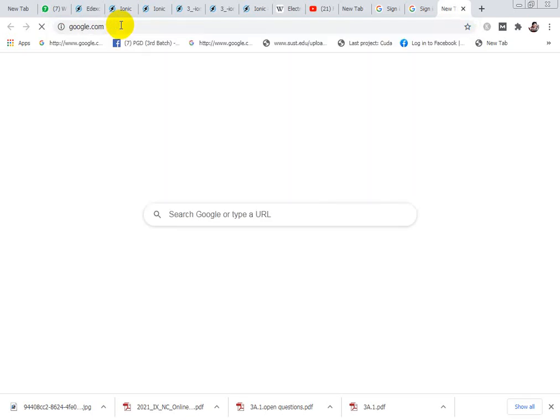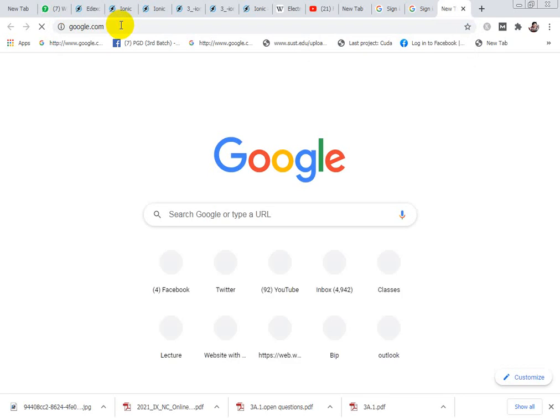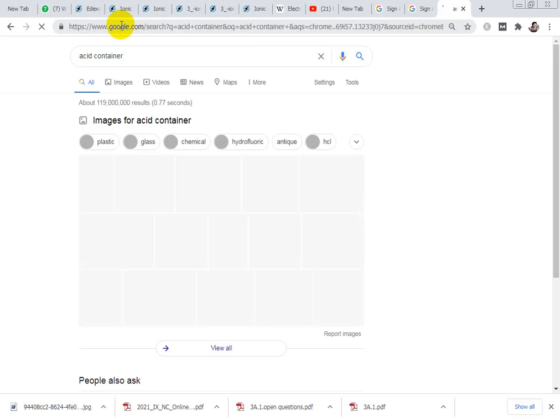Acid container. It is working slowly. Is it working?